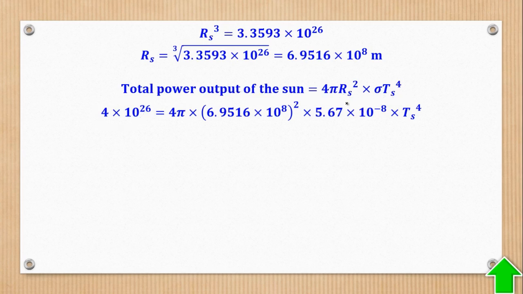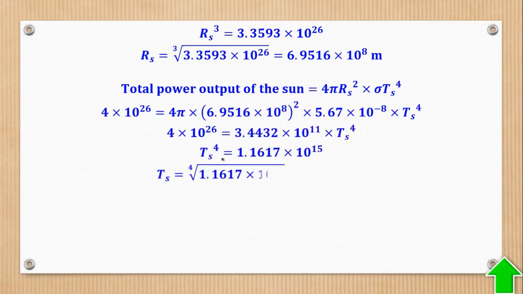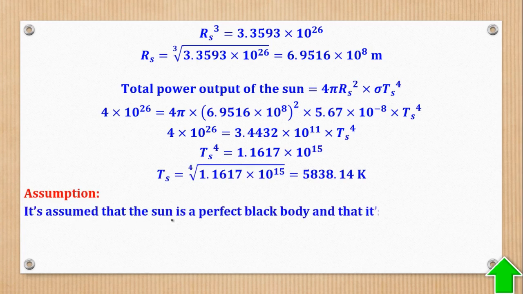So Ts is the only unknown, therefore I can easily make it the subject. And that will be the answer they wanted. So the assumption is that the sun is a perfect black body and that it's spherical in shape.